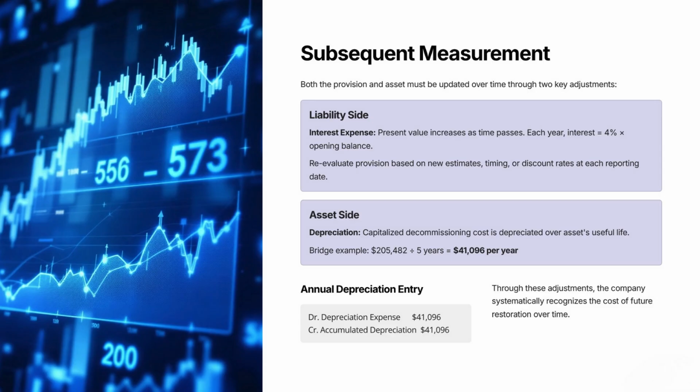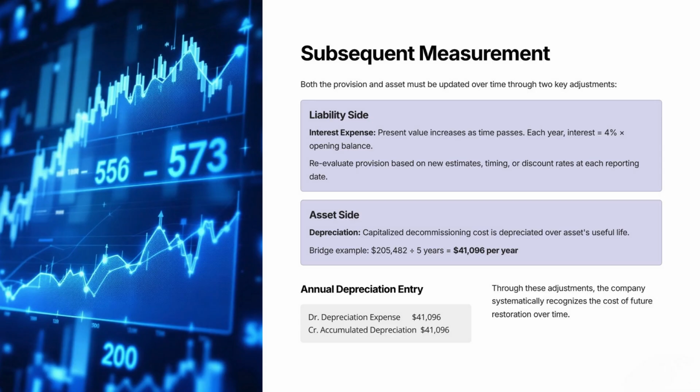Continuing with our Green Peak Forestry example, each year, interest expense equals 4% times the opening balance of the provision. That interest is added to the liability until it reaches the full $250,000 after 5 years. On the asset side, the decommissioning cost that was capitalized to the asset is depreciated over the asset's useful life.